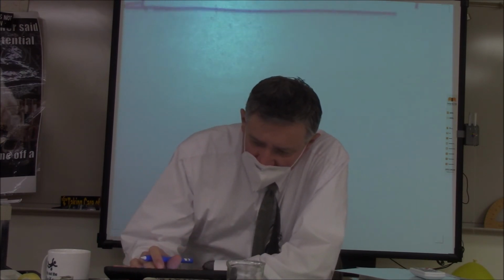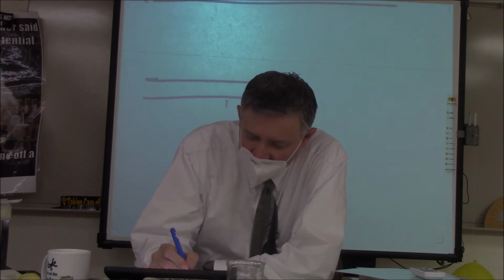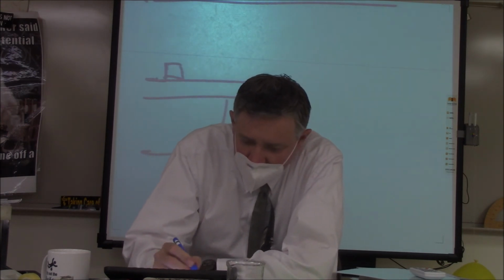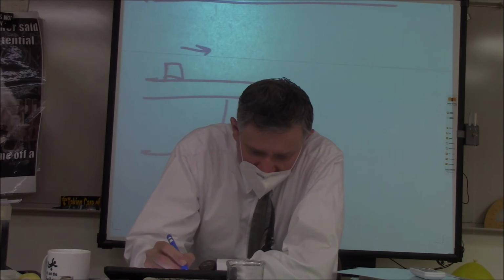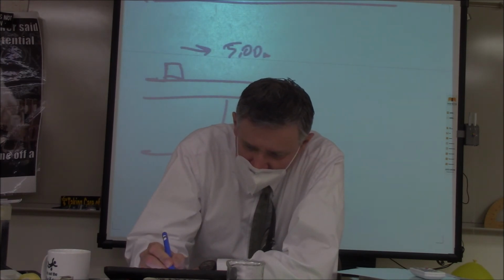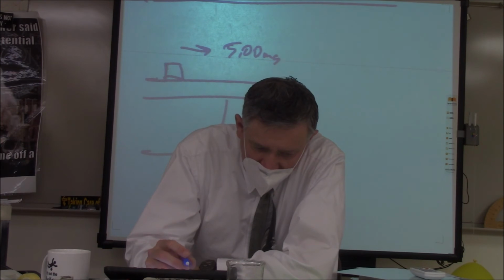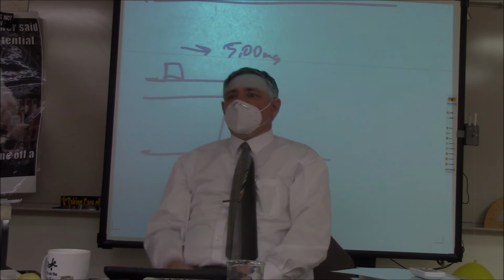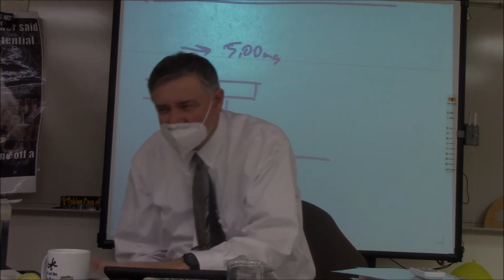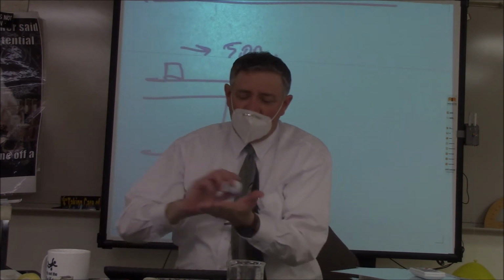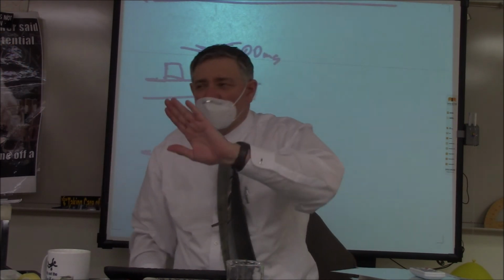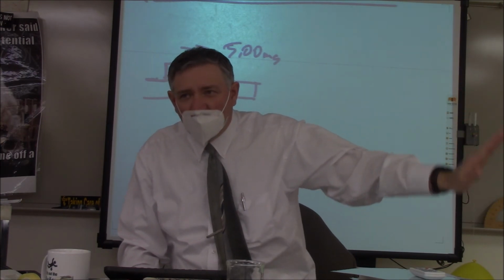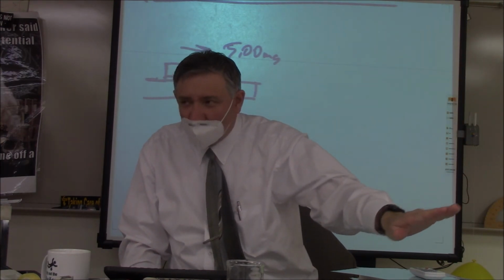Now, when you get to number two, I emphasize this. You have a Teflon puck moving at 5 meters per second, and I've given you the mass, and it's moving on a frictionless surface. So listen to me: the puck is already moving. You don't have to push it. It's already been pushed. Don't push it.